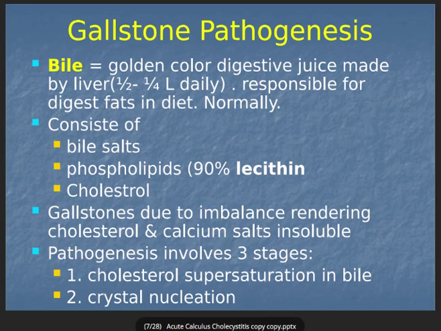So again, we'll talk about the pathogenesis. I already explained it. We will repeat it again. Now that we know bile is the digestive juice made by the liver, you produce about half a liter, and it digests fat. We said the constituents are bile salts, phospholipids, and cholesterol.